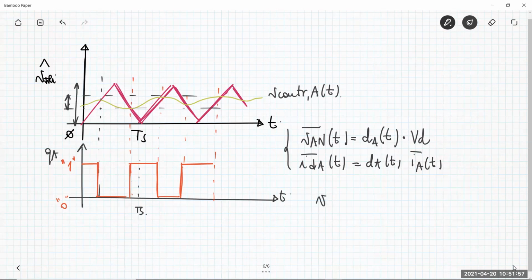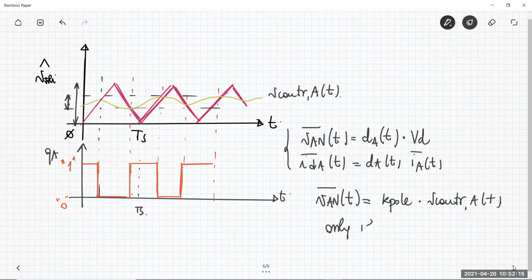Then you can also say that the VAN average value is K pole multiplied with V control of t.